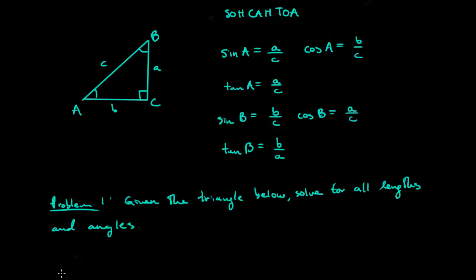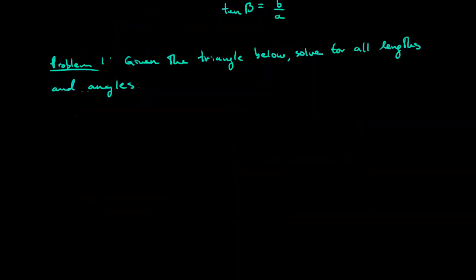And let's label this again. I'll draw a triangle here, and this will be a quick recap. So let's suppose this is 4, this is 3, and this is 5.